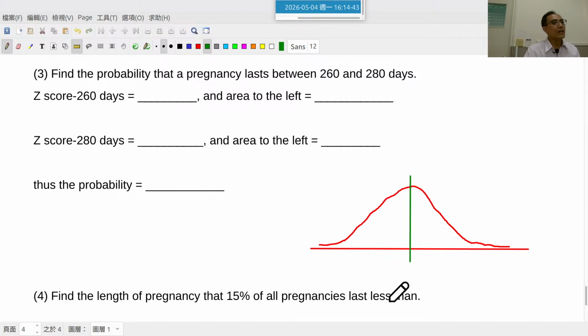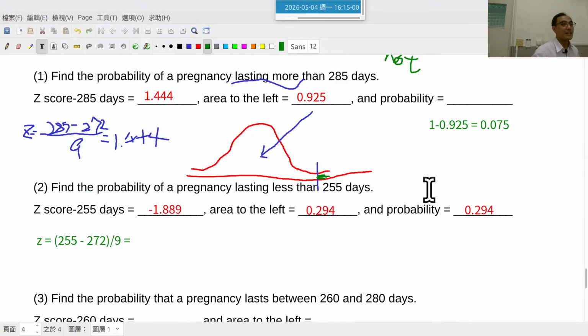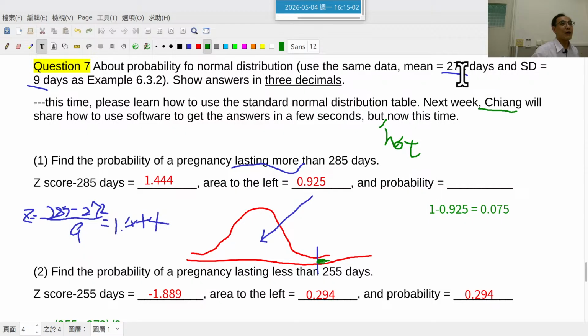Who can tell me the green line in the center, what's the value? 272 days. How can you know that? It is in our question, 272.